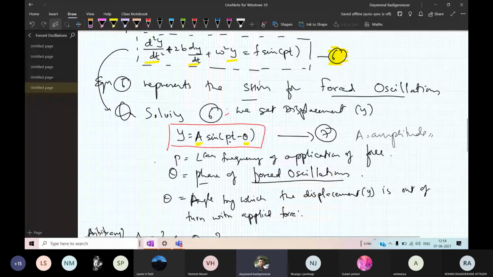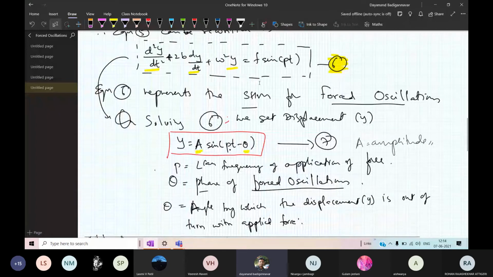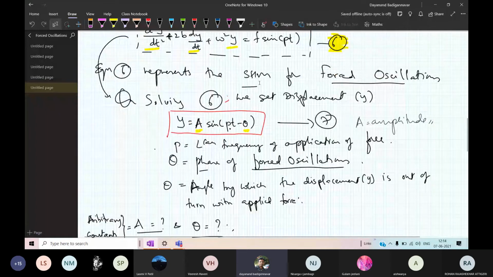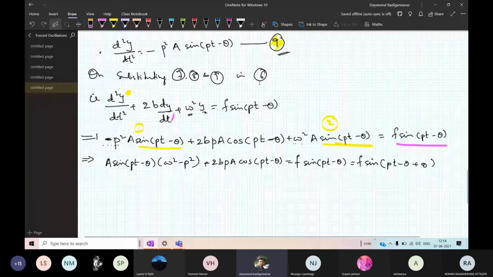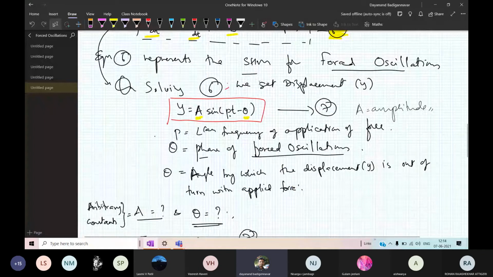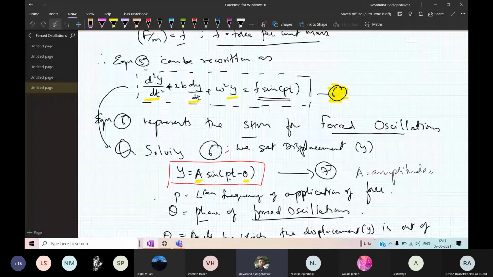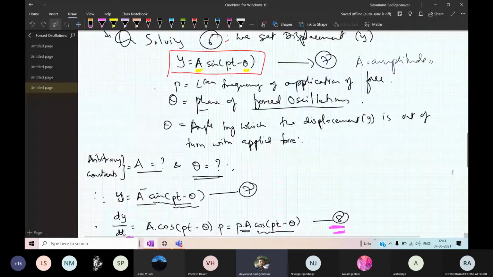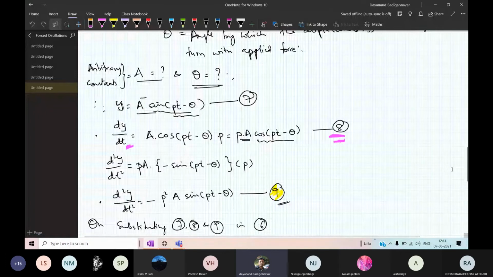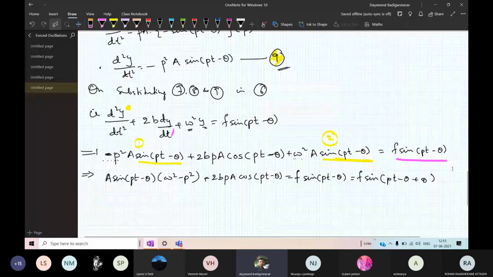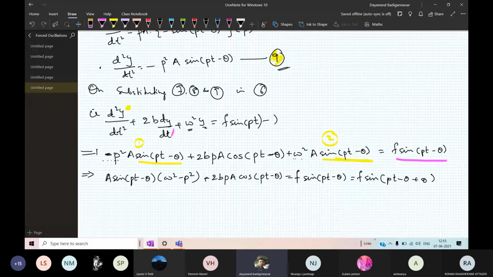Look here, in equation number 6 I had written it as minus theta, therefore I am getting a wrong answer here. Where is 6? Here, this one. No theta is there, just sine pt. Okay, fine.